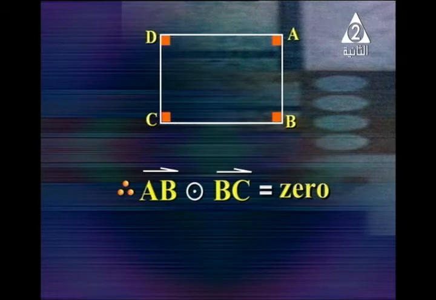The norm of AB and the norm of BC equal 10, but cosine 90 equals what? Equals 0. Then AB vector dot BC vector equals 0.